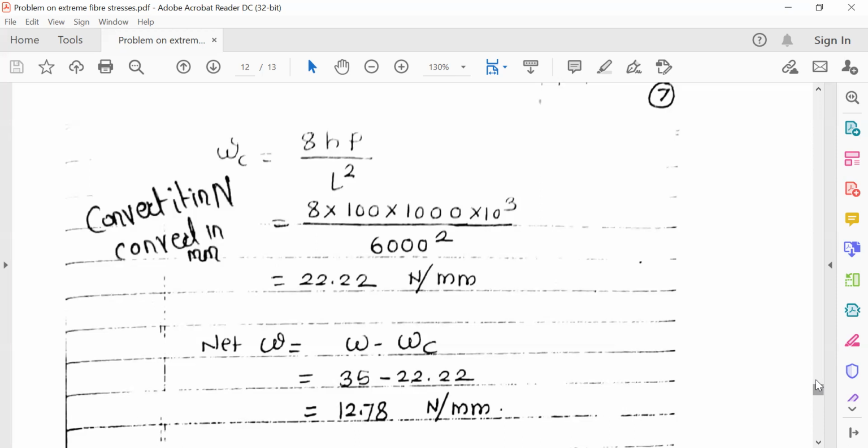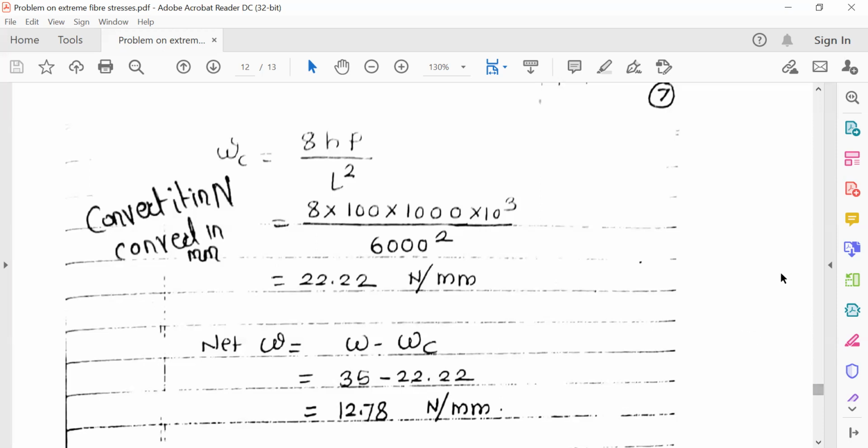अभी WC तो कैलकुलेट कर लिया. Now you need to calculate net W. So for calculating net W, you need to deduct from the earlier W. So आपको W कितना दिया हुआ है? W is given to you, that is 35.